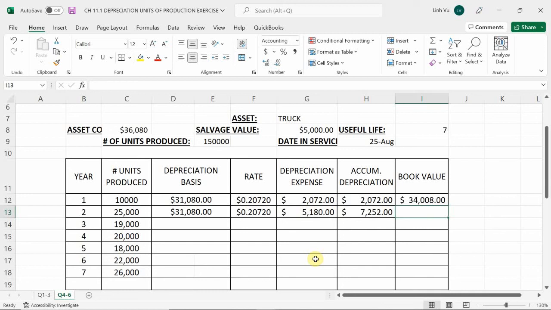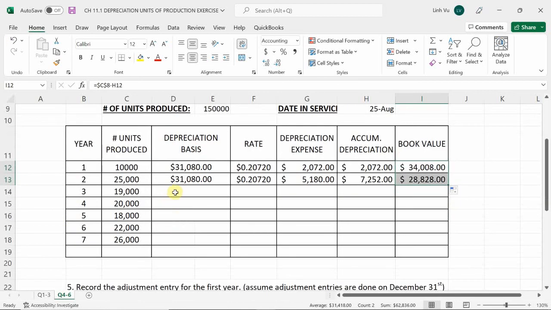So then now if I used a total of $7,252 worth of my asset, what is my book value at the end of year 2? 28,828. Good. So what's my depreciation basis for year 3? 31,080.